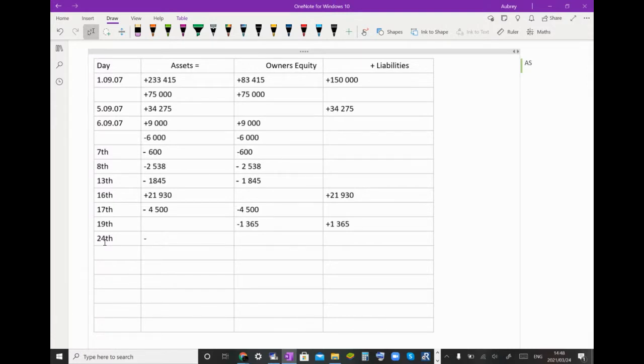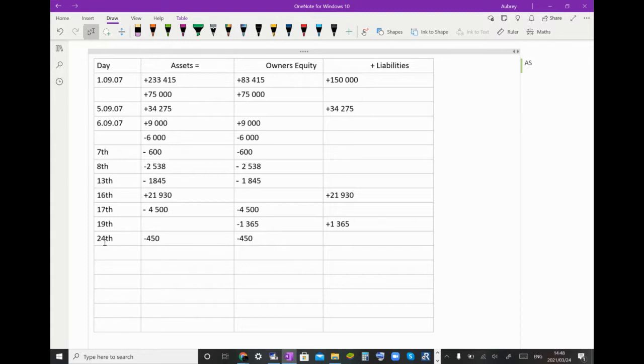Decreasing. What was it? 450. Cool. And then we know fuel is an expense, so that's also minus 450. And we can go on to the next one.